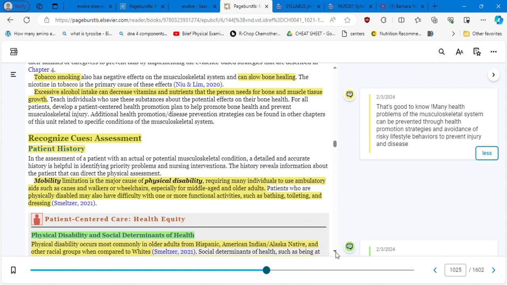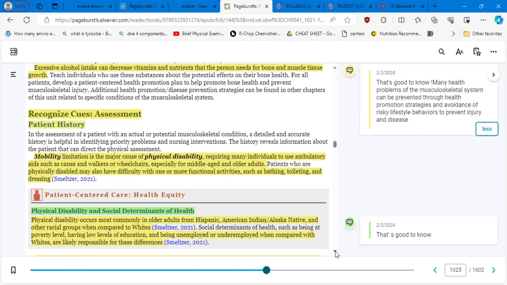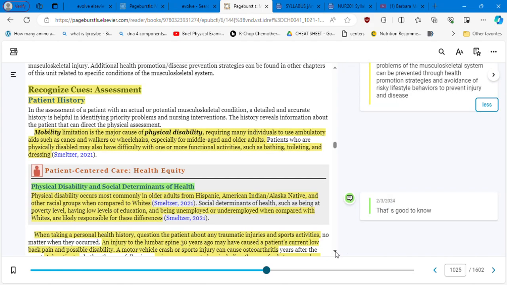So when we are assessing the musculoskeletal system of a patient, we're going to assess for mobility. Limitation is the major cause of physical disability, right? Requiring many individuals to use ambulatory aids such as canes and walkers or wheelchairs, especially middle-aged and older adults.